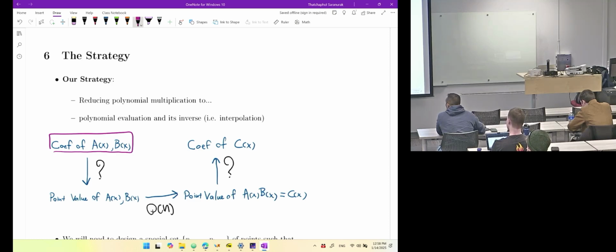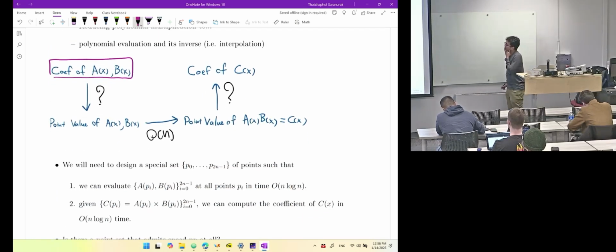Once you have this, it's easy to multiply them: just multiply the evaluations point-wise in n time, and then try to convert back to the coefficients of C. That's the plan. Okay? So let's proceed.